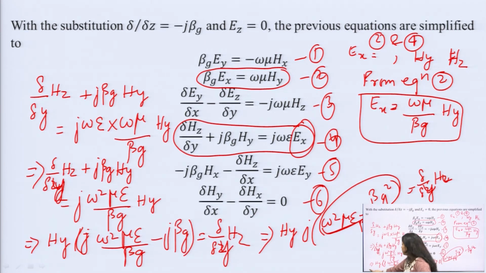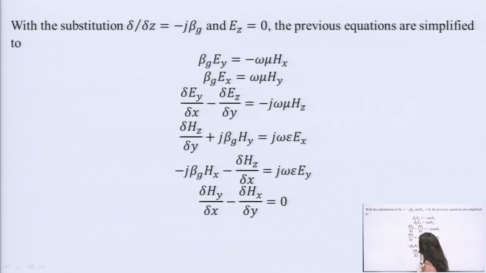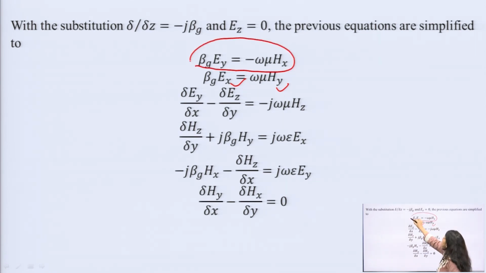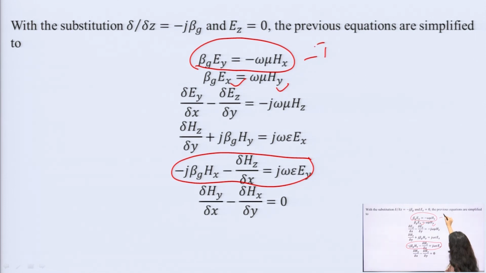Similarly, Hy and Ex are with us in terms of Hz. Now, we have to calculate Ey and Hx. So, Ey and Hx are available in our equations 1, 2, 3, 4, 5.